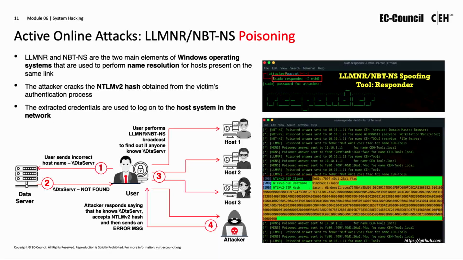What is LLMNR? Well, when you're on a Microsoft network, if you are trying to get to a folder, you need to know the machine name in order to get to that folder. So let's say it's called Workstation 5, or let's call it Server 5. It's on a server. And that name needs to be resolved.